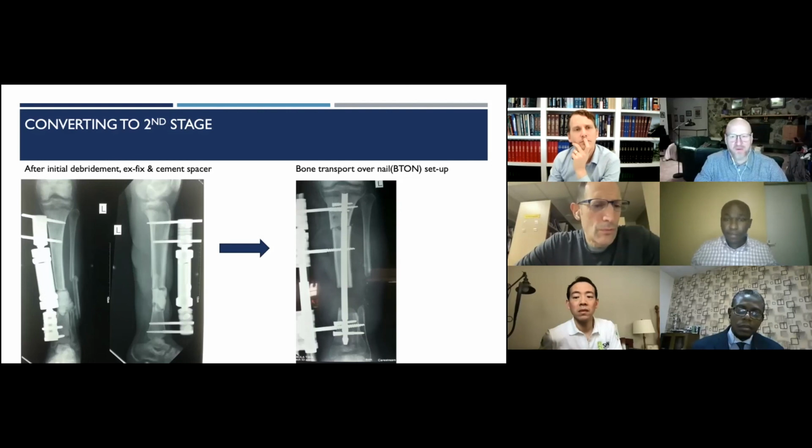With a flap and an infected tibia, I think I would have done the same construct, or maybe a hexapod, just so I could have more control and more stability. But I like this construct. I think the way it was done and started is fine.